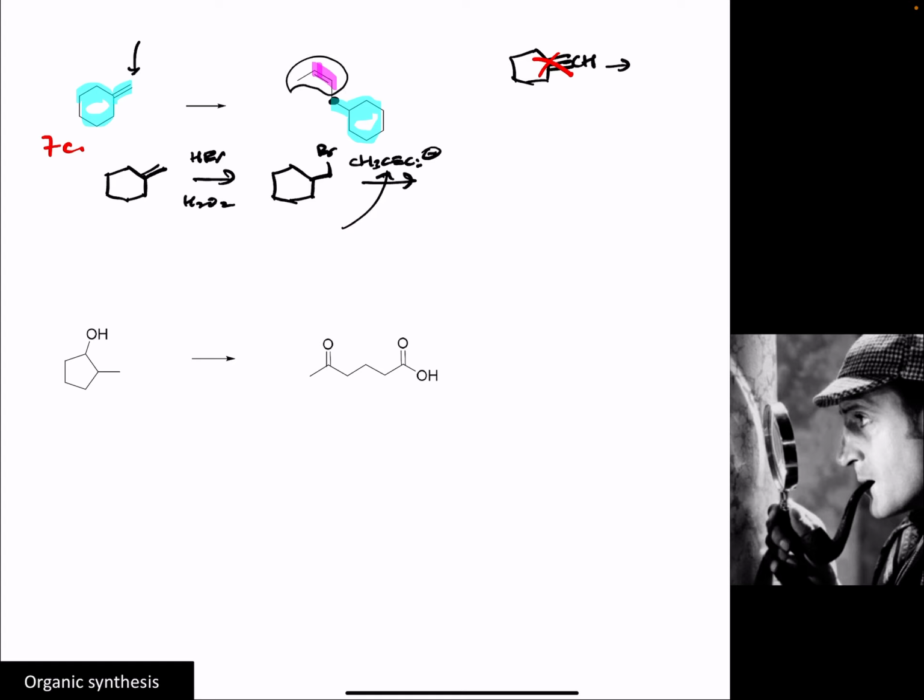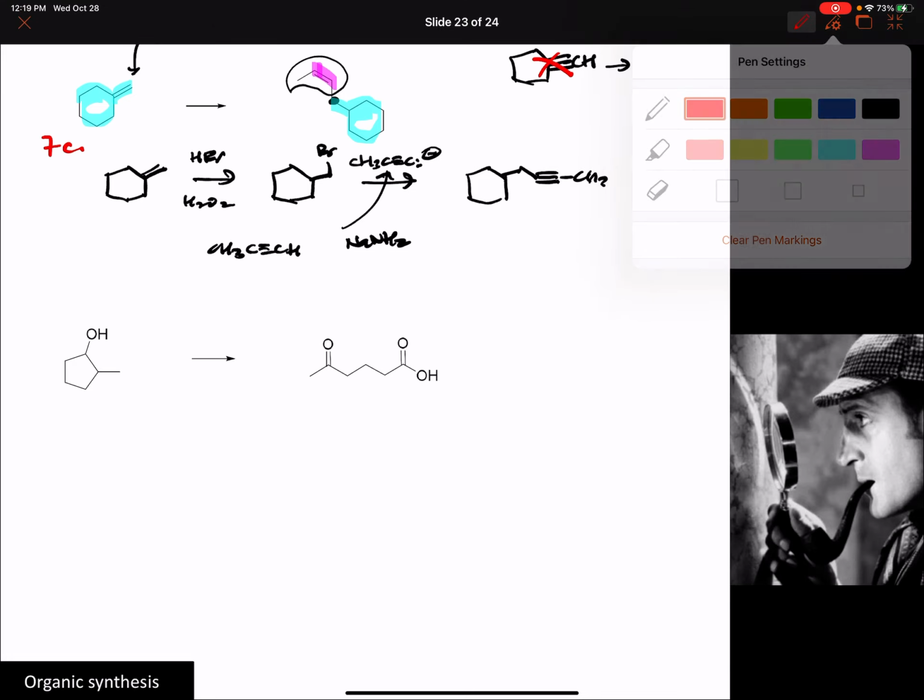So what we have to think is, how do we make that, right? If you're allowed to make it, then you can just kind of throw it in there. But if I treat this guy with sodium amide, right, I get that guy. So now these guys will react. 1, 2, 3, and methyl. Oh boy, it got ugly. So the 1, 2, 3.